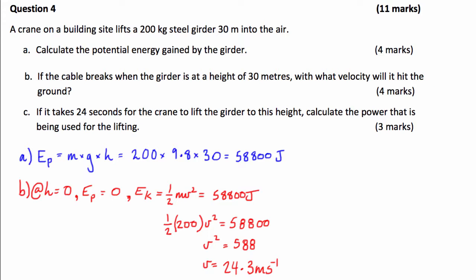Cool. Now, part C. If it takes 24 seconds for the crane to lift the girder to this height, calculate the power that is being used for the lifting. Okay, so power is equal to work over time, which is equal to the work required to lift it to the 30 meters in the air, which is this number here.